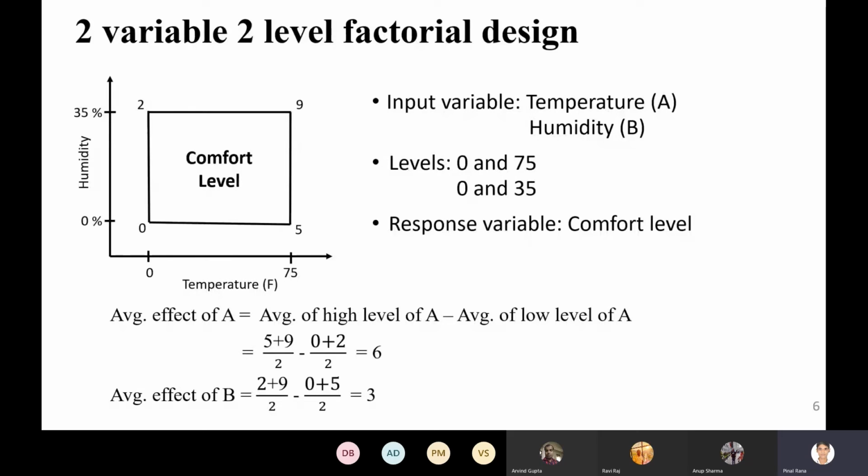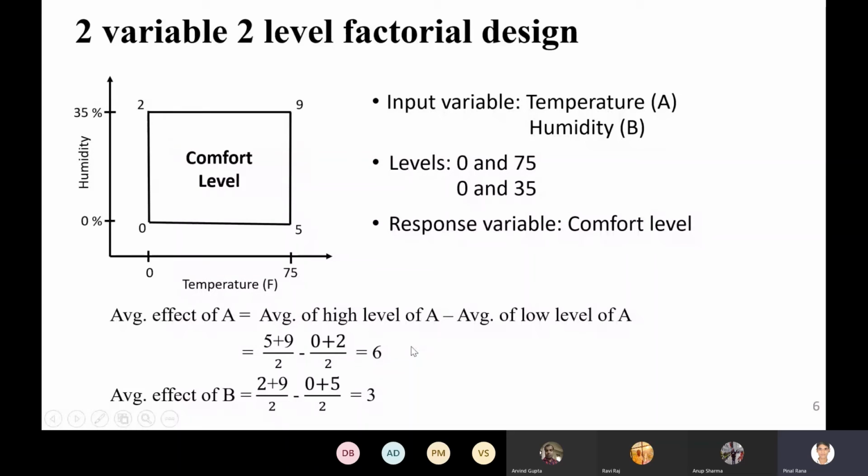The average effect of A is given by the difference of the average of the high level of A and the average of the low level of A, which is (5 plus 9) divided by 2 minus (0 plus 2) divided by 2, which is equal to 6.